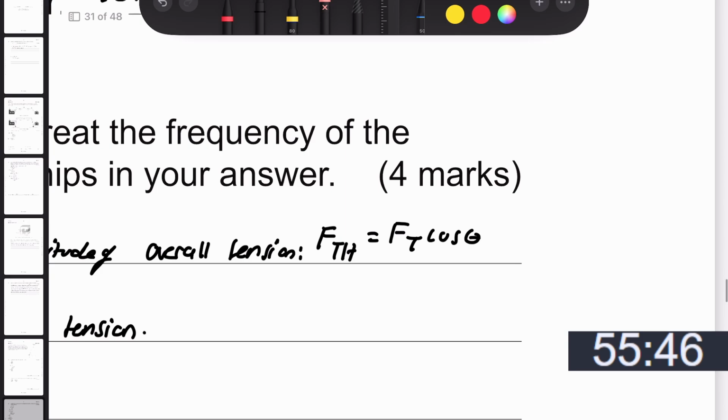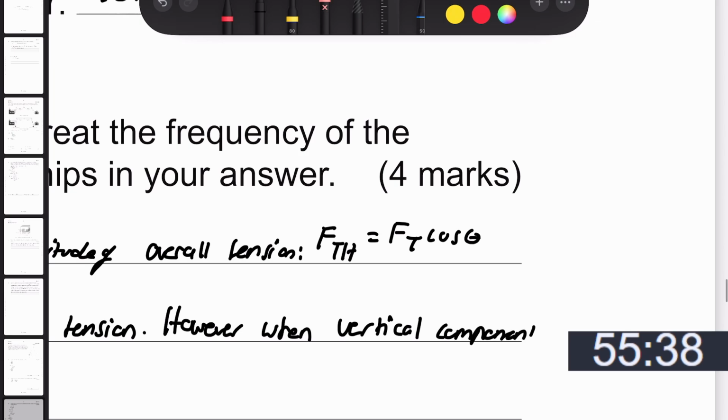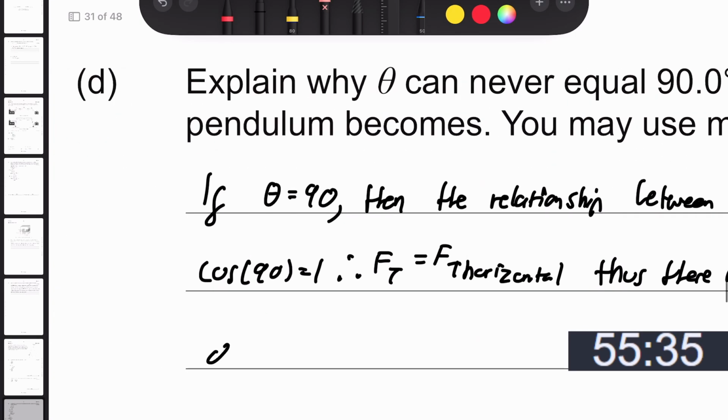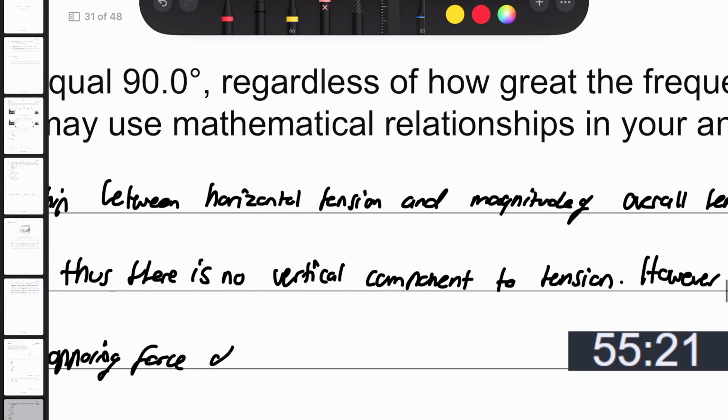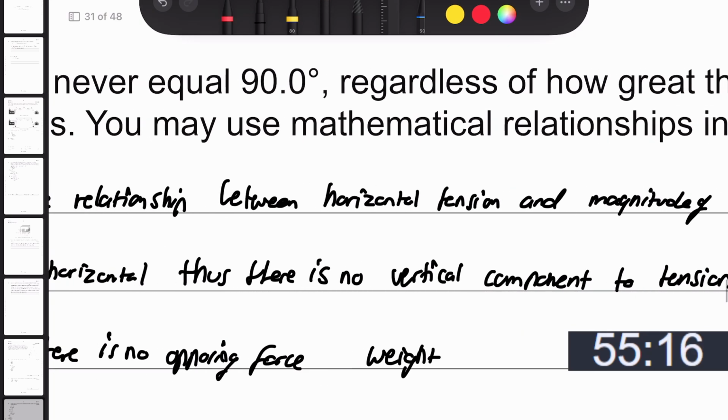However, thus the vertical component of tension is equal to 0, then there is no opposing force to weight.